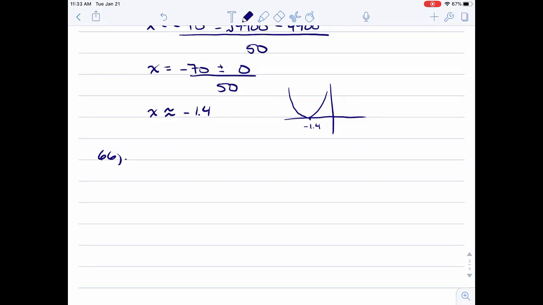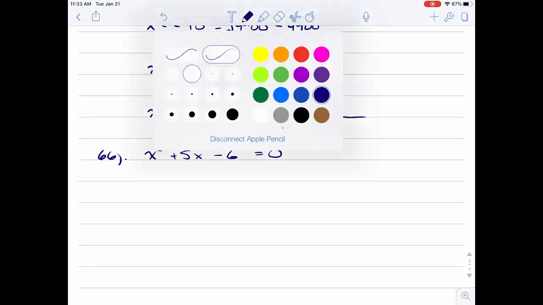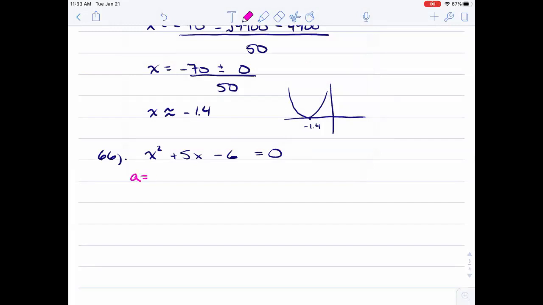So let's give it a go here. We've got x squared plus 5x minus 6 equals 0. So now a is equal to 1, b is equal to 5, and c is equal to negative 6. Right, so don't forget that negative.